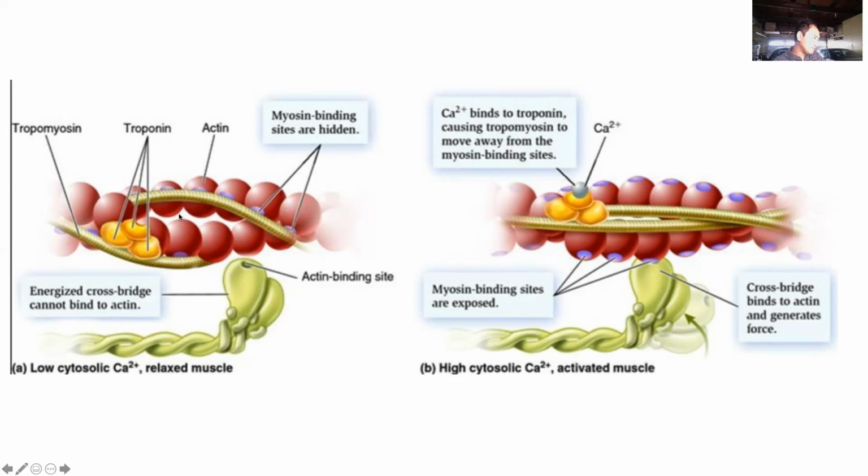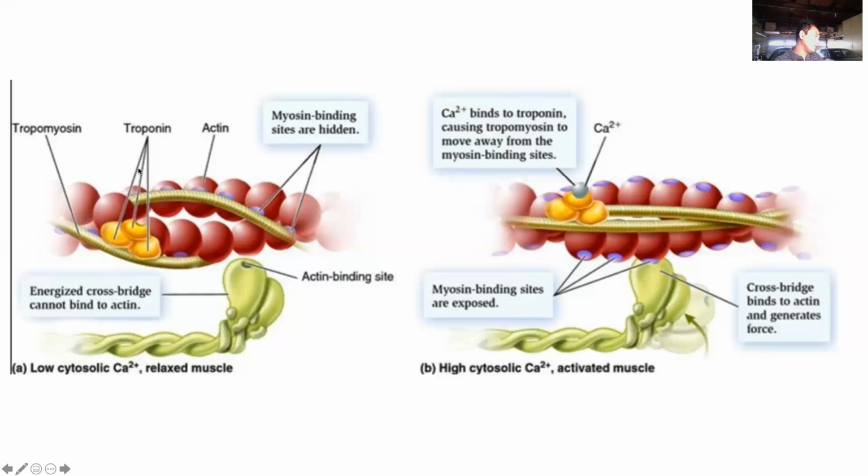On the left side picture, it is the normal resting stage, where you will see the balls, which are actins. There is a protein called tropomyosin, which runs on top of the actin. And there is another protein called troponin.